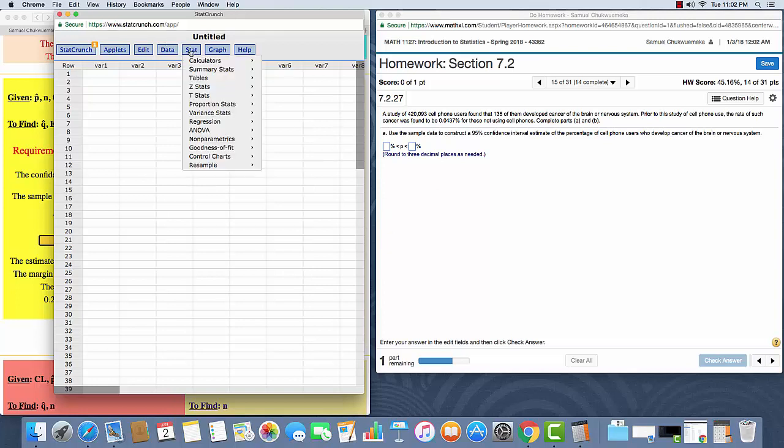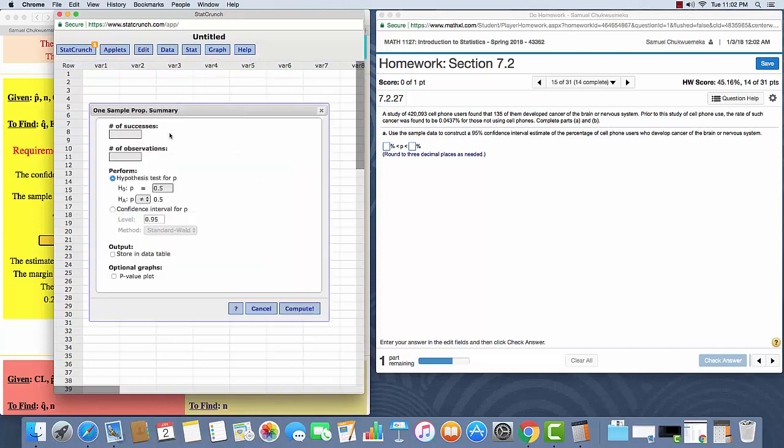So we're going to go to Stats. Proportion stats, one sample with summary. The number of successes in this case is 135. Number of observations is 420,093. You select here confidence interval for the population proportion, and we are constructing 95%, 0.95.